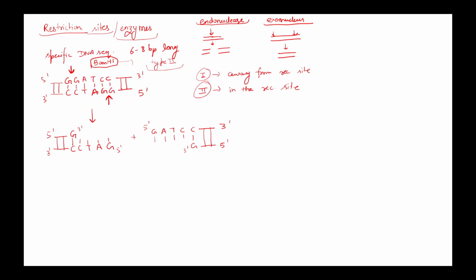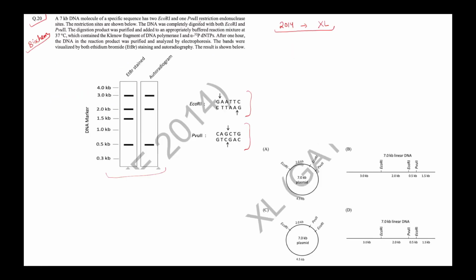Likewise, all other restriction enzymes have their specific unique restriction site that they can recognize and make a cut in the DNA. So in this question, now we got the point of restriction endonuclease sites which are given here. This is the EcoR1 restriction site and the PvuII restriction site is given. With the arrows you can see where the enzyme will cut. As I have shown one example of BamH1 digestion, similarly these are the EcoR1 digestion sites.